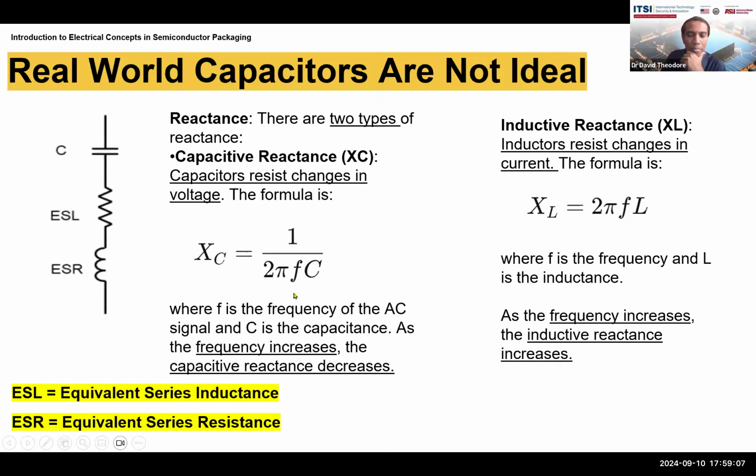So here we can see, because F, the frequency, is in the denominator, as the frequency increases, the capacitive reactance decreases. And that's the reason why we saw the capacitance dropping as the frequency went up.